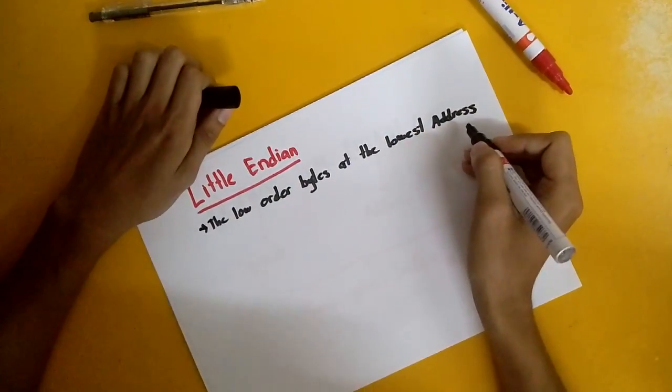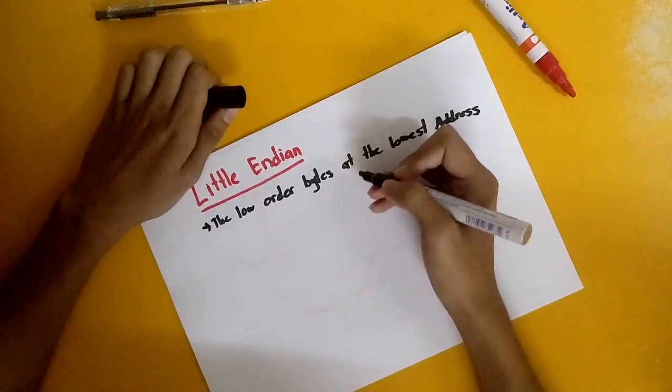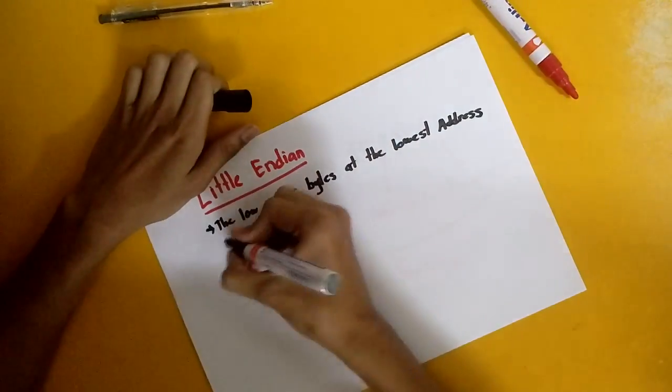This means at the lowest address, the lower byte is there. You understand? I will show you an example.